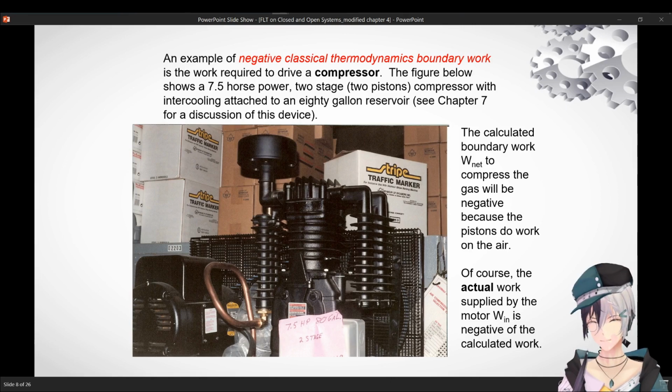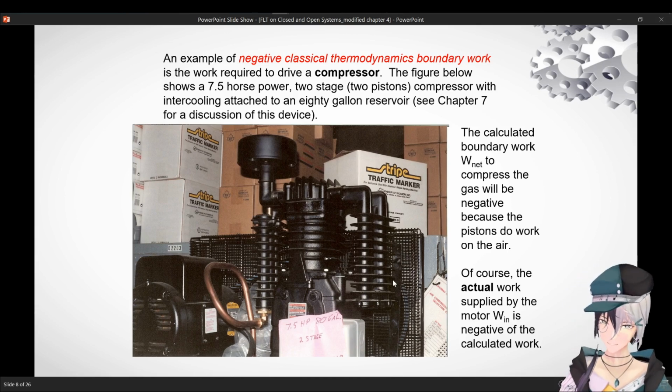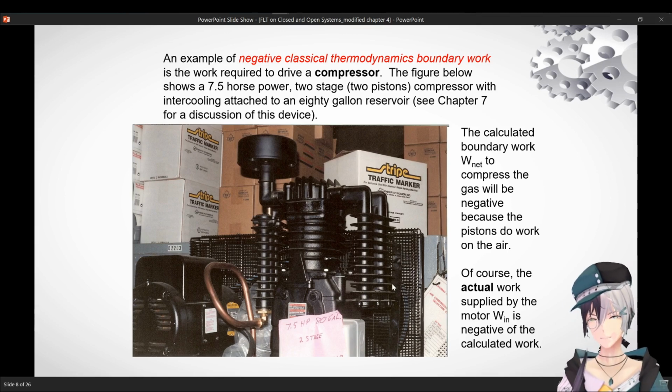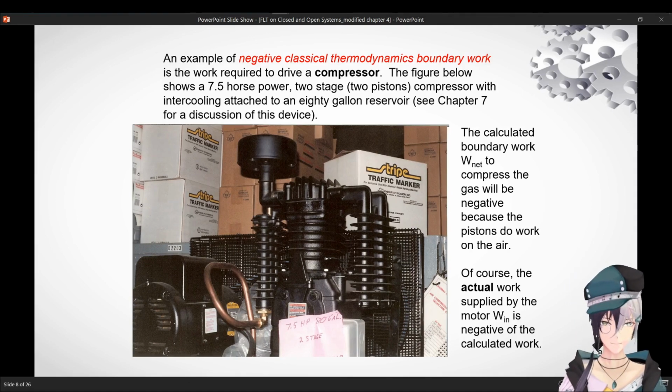So we do work to the air, and that air is the system that we are considering as far as the compressor is concerned. So again, the work done to the air is negative. So that is negative work for your compressor. This will be discussed in detail later.